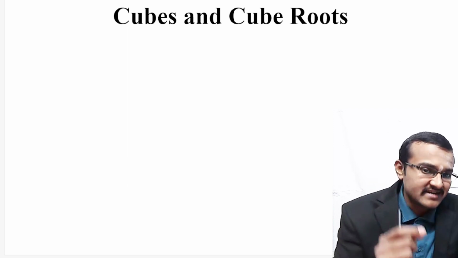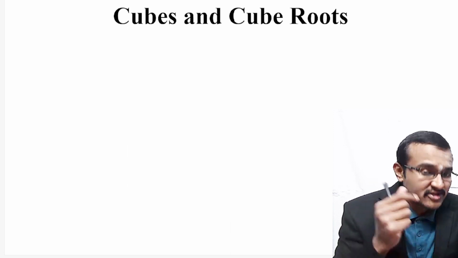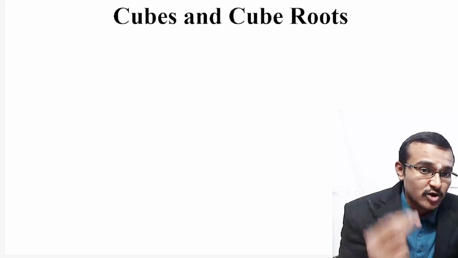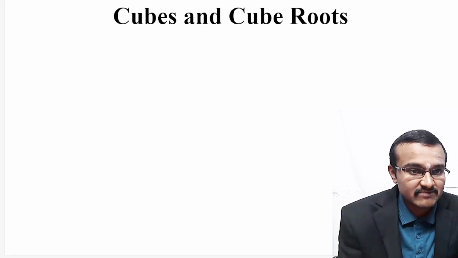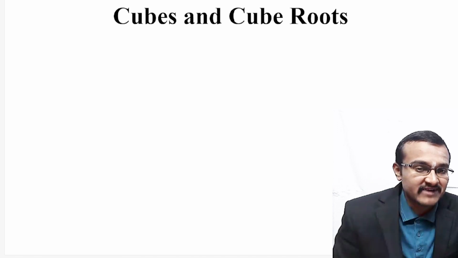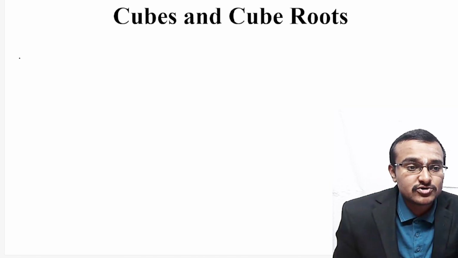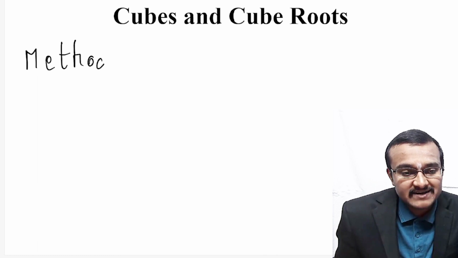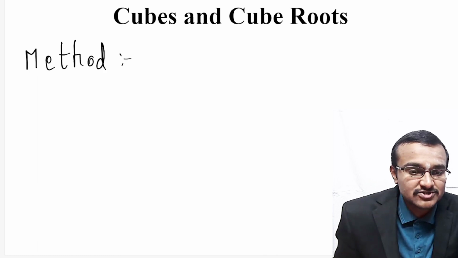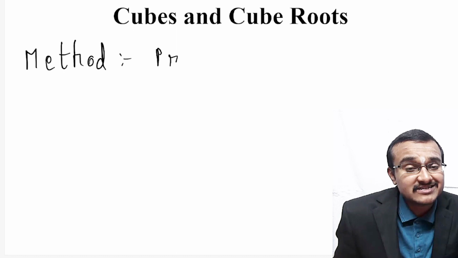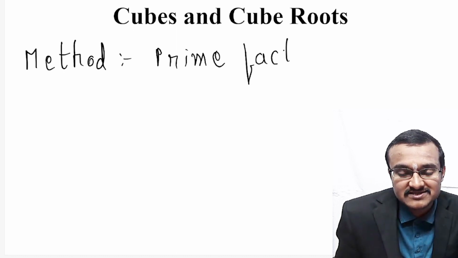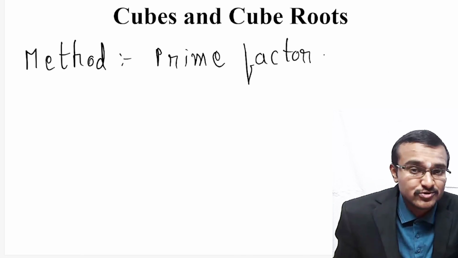Similarly, to find whether a number is a perfect cube or not, and if it is, what its cube root is, you can use the prime factorization method, the same method you used to find square roots in your previous chapter. Here also I will be discussing the same method to find cube roots.